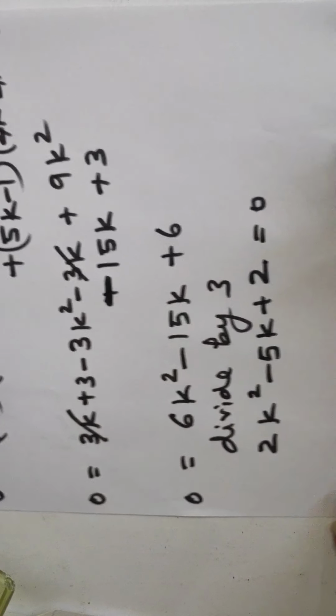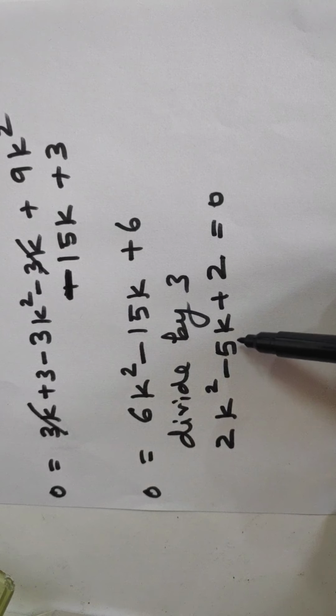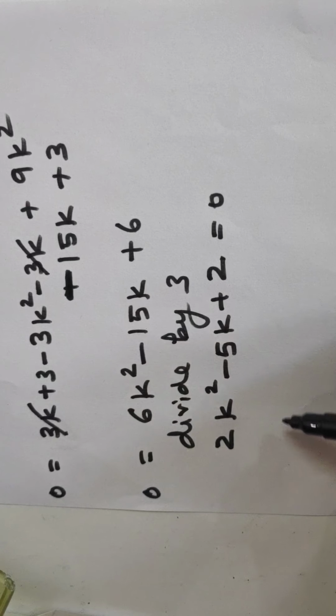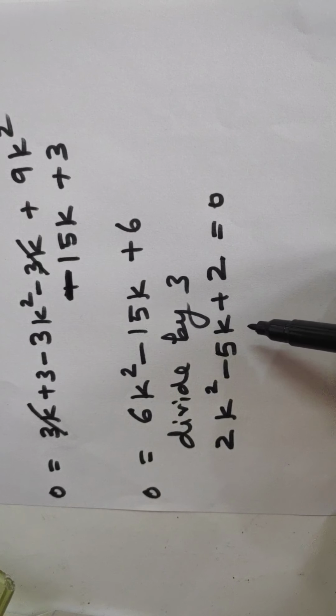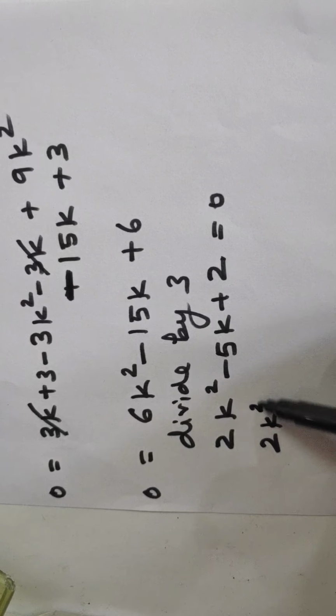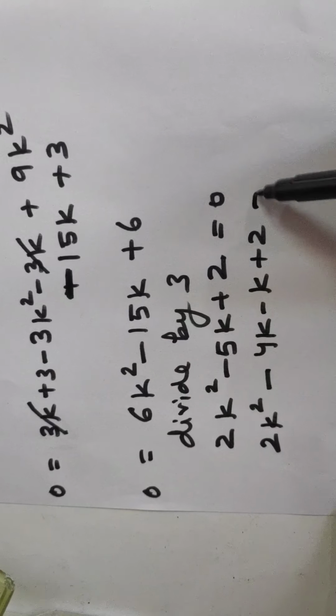Now we have got the quadratic equation. Let's solve this quadratic equation. Since 5k is there, we need to split the middle term: 4 times 1 is 4 and 4 plus 1 is 5. So we can write 2k square minus 4k minus k plus 2 is equal to 0.